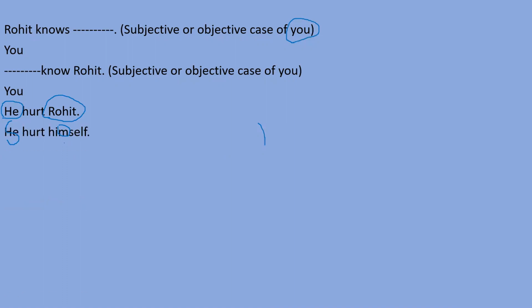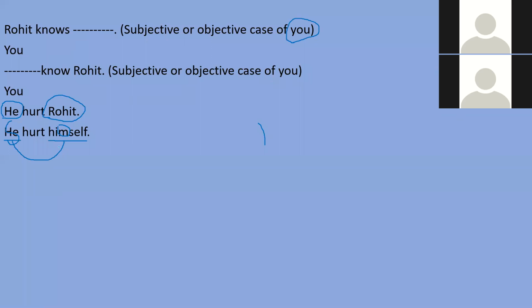But see the next example. He hurt himself. "He" is the subject and "himself" is the object. In this you will notice that both persons are the same. उसने खुद को hurt किया. करने वाला भी खुद है और जिसको hurt किया वो भी खुद ही है. So when we have to write the subject and object about the same person, then we have to write reflexive pronouns like himself, herself, itself, themselves, yourself, yourselves, myself.